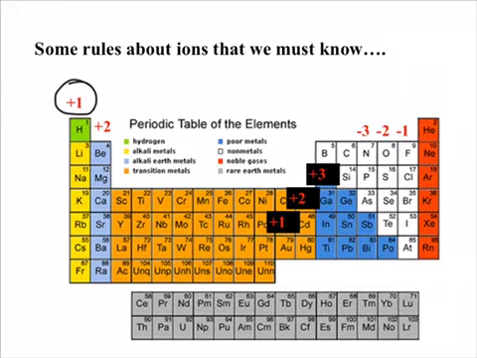If we have a compound called sodium chloride, which you're already familiar with, how would we figure out what the formula for sodium chloride is? We would look on the periodic table, we'd find sodium, we'd see that it's a +1. We'd find chlorine, it becomes an ion called chloride.